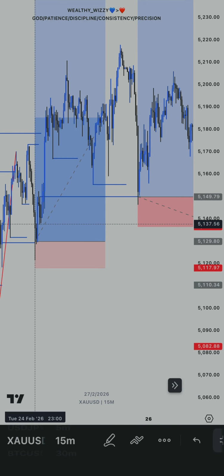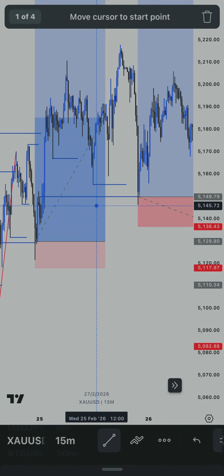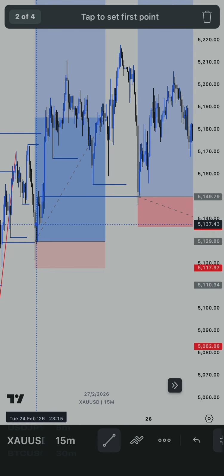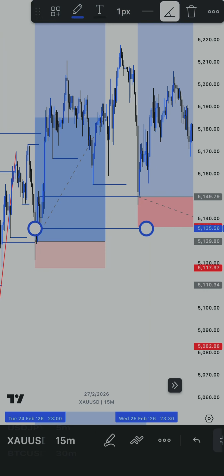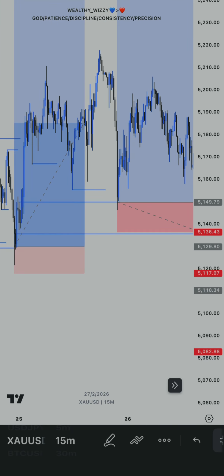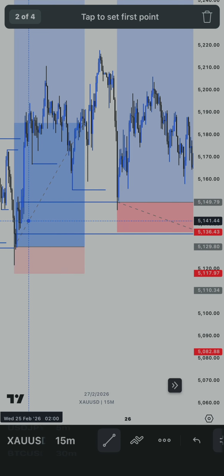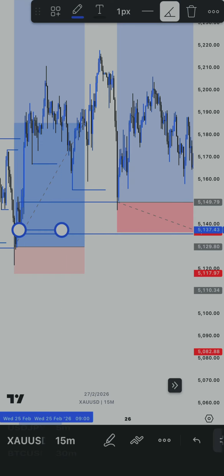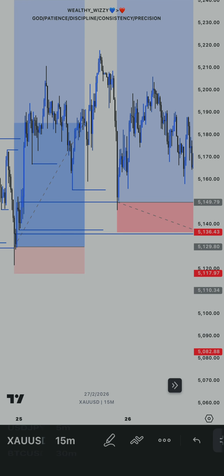Look at this order block right here now. Price reacted from this order block. Why? Because this is liquidity. This is liquidity. You can see this is an inducement.